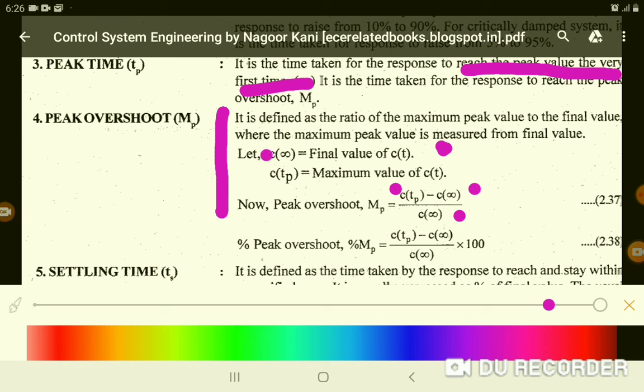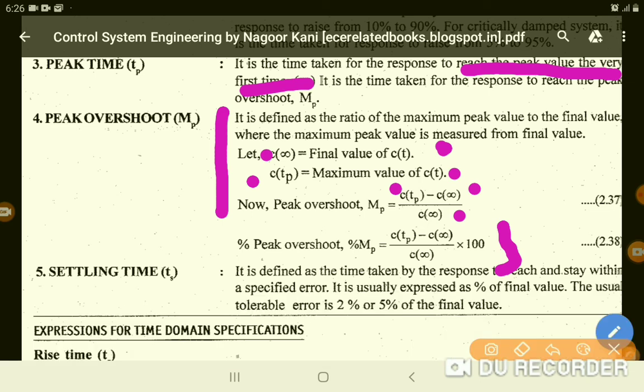The maximum value is C of T P, the maximum of C of t. So the peak overshoot is equal to C of T P minus C infinity, divided by C infinity, into 100.